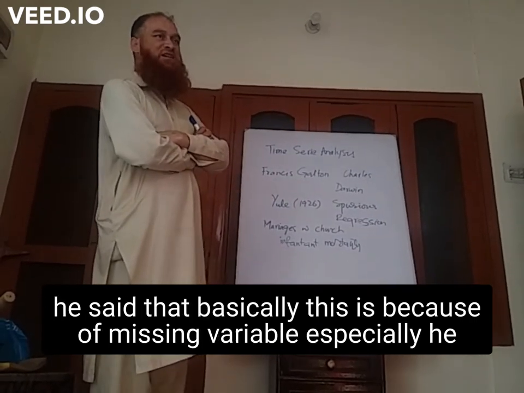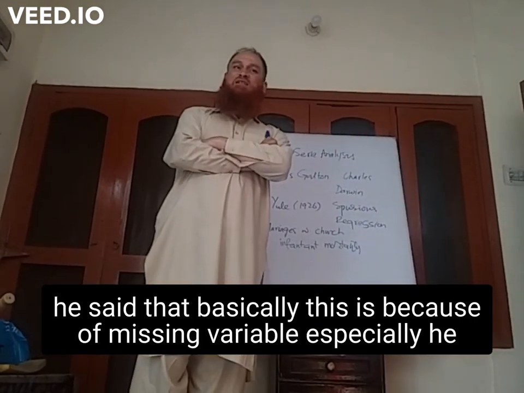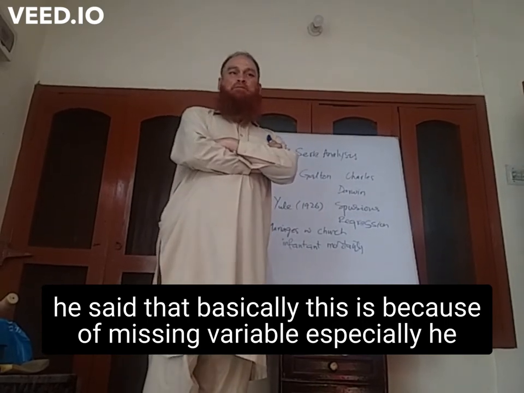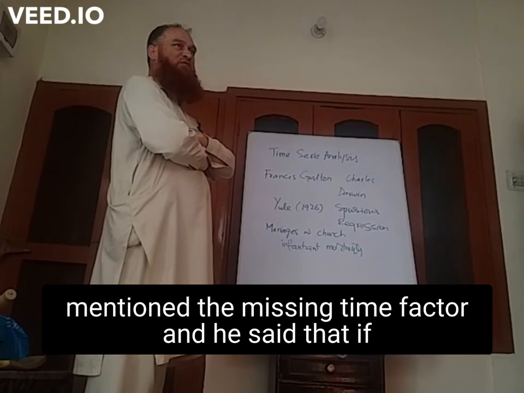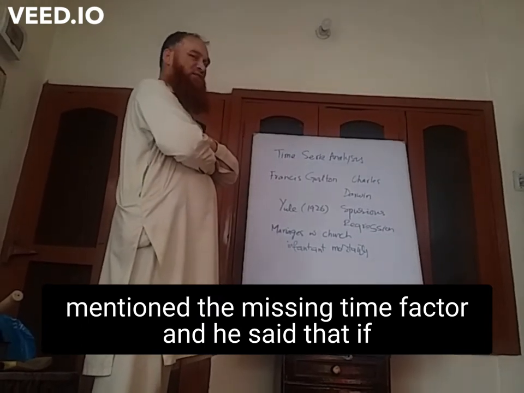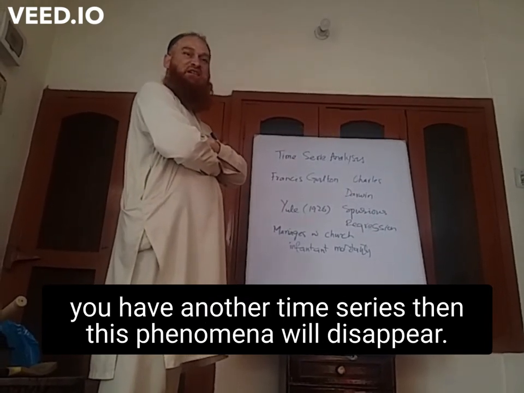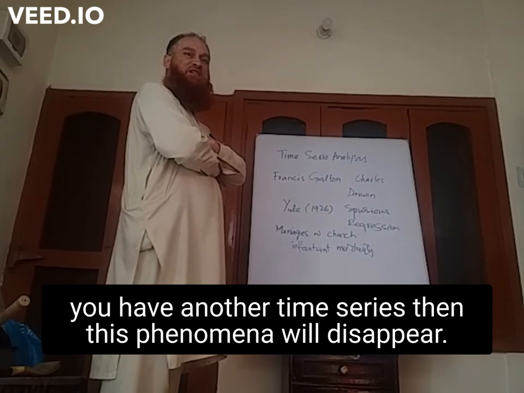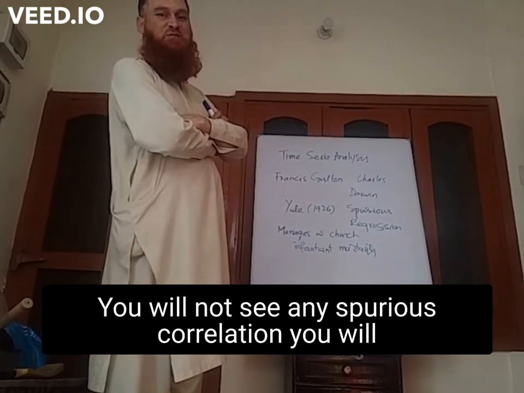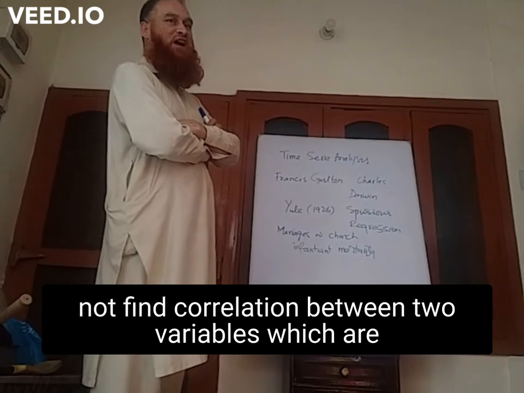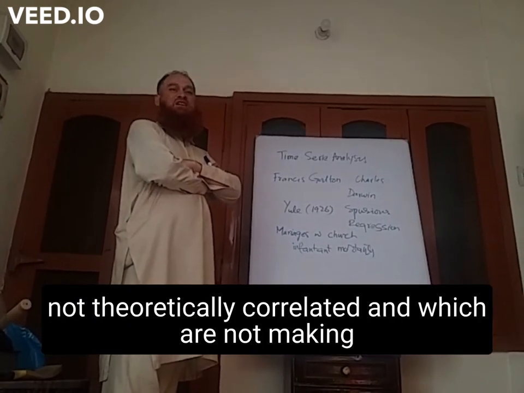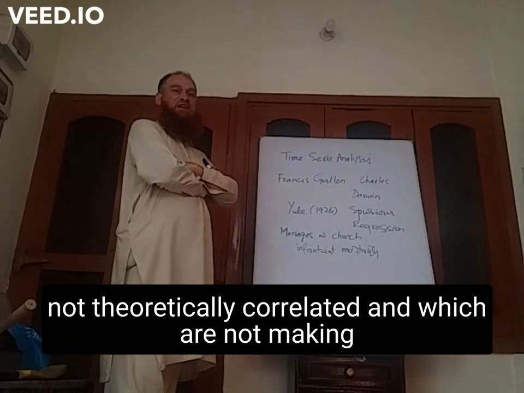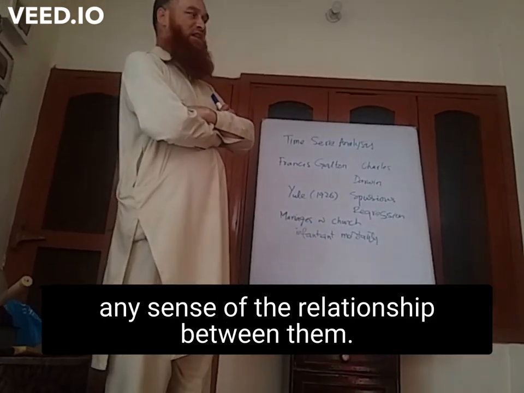He said that basically this is because of a missing variable, especially he mentioned the missing time factor, and he said that if you have a longer time series, then this phenomenon will disappear. You will not find correlation between 2 variables which are not theoretically correlated and which are not making any sense of relationship between them.